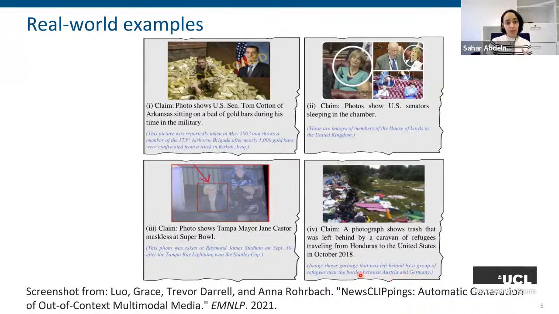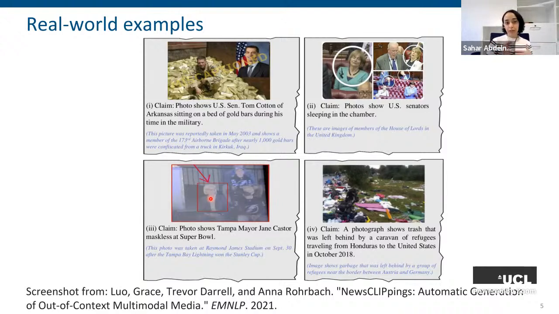And also we have two other examples here. So this is not the person that the caption claims it to be, and it's also a very different context. And in this last example, we have an image of a person, and it is the same person that the caption claims it to be. However, it's a totally different event or a different context.